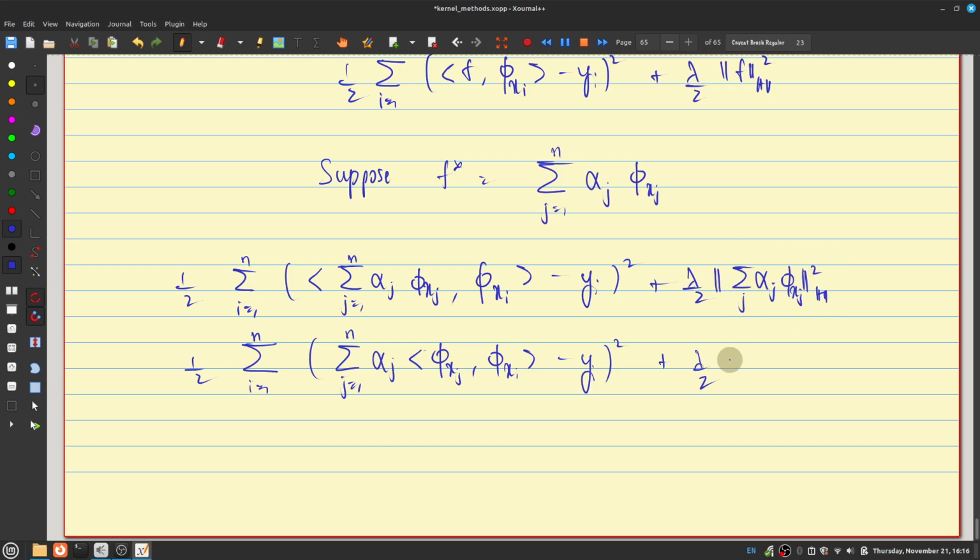Again, I can write the norm term as summation i, summation j of alpha i alpha j inner product between phi xi and phi xj, because I simply write this as the inner product of this vector with itself. But what is the inner product between phi xi and phi xj equal to? K of xi xj.